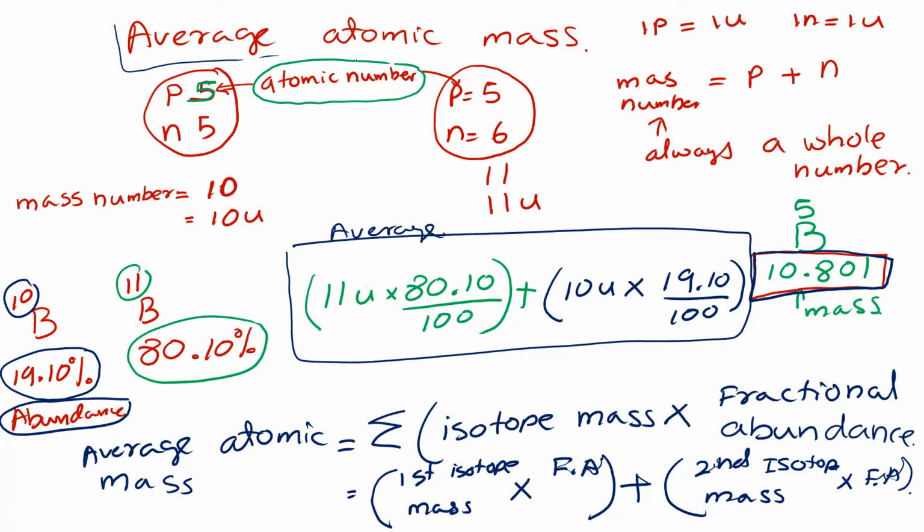So if you have the abundance as a percentage, you use it as a fraction. If you have 80%, you use it as 0.8. If you have 20%, you use it as 0.2, because when you divide 20 by 100, you get 0.2. Now, for the sake of completion, we are pretty much at the time of ending.